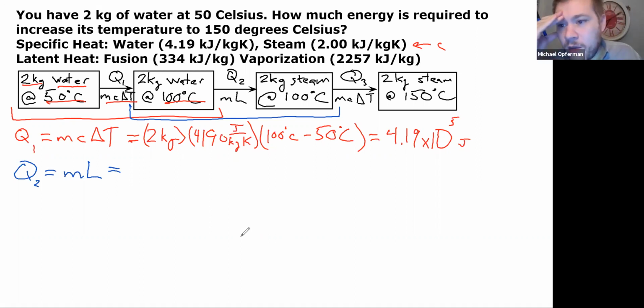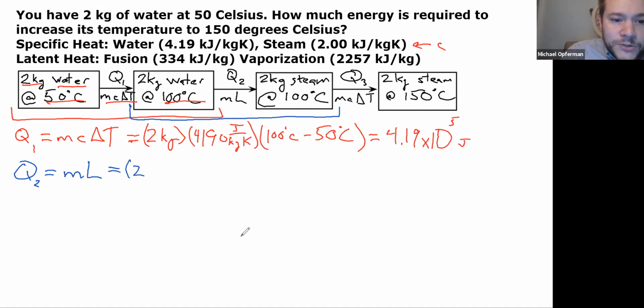So I have to think, water is going to steam here. Should that be a positive Q or a negative Q? Water going to steam has a positive Q because water has to absorb energy in order to turn into steam. That's why you have to put it on your stovetop to boil it, because it has to absorb energy from the stovetop. So a positive sign is okay there, so I don't have to do anything.